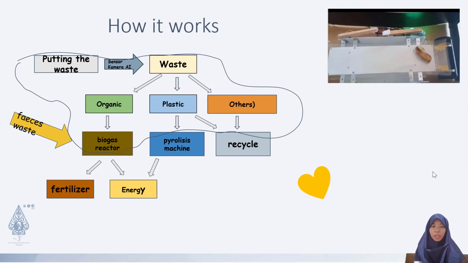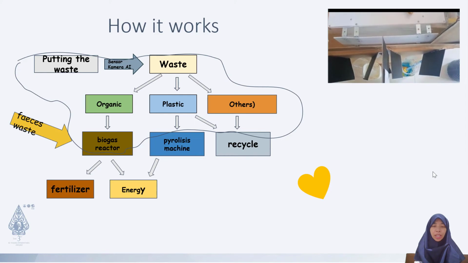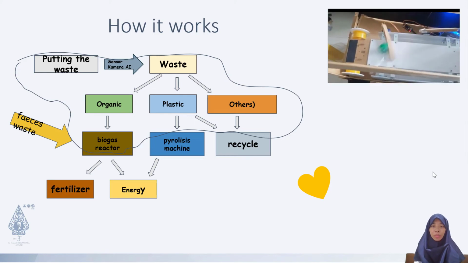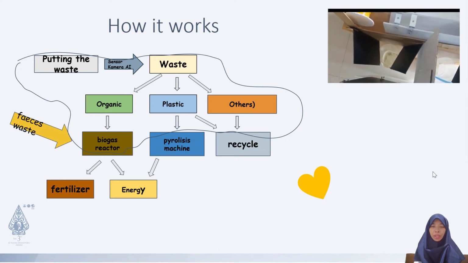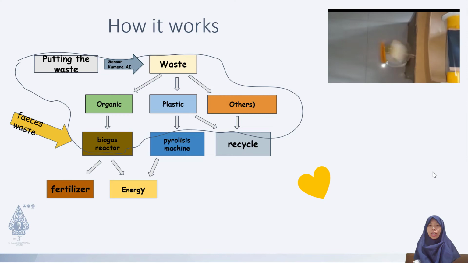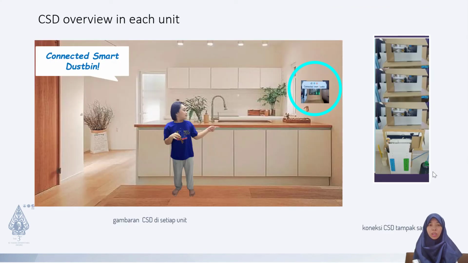In the future, it can be used as fertilizer or an energy source. Also, the plastic category will go into a pyrolysis machine in the future and be used as an energy source or recycled. This is the connected dustbin in each unit. It can be put at the edge of the kitchen or outside of the unit.